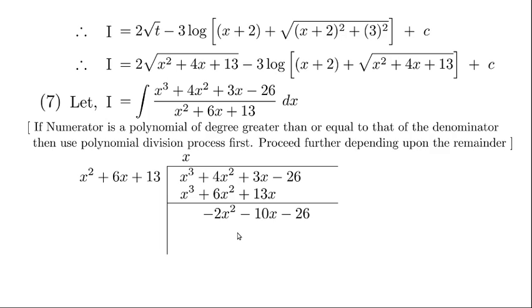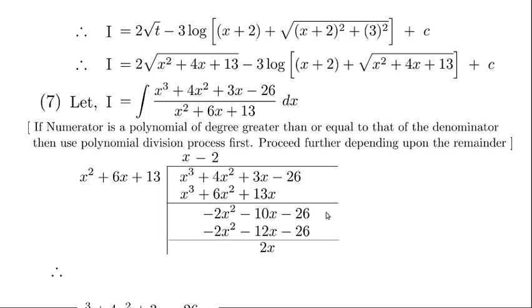Then subtract, we get 2x minus 2x square minus 10x minus 26. So the coefficient of x square is minus 2, so I have to get minus 2 here. That gives you this expression, multiply by minus 2 to this. And then we are going to subtract. When I subtract, these two terms get cancelled, and here what we get is only 2x.